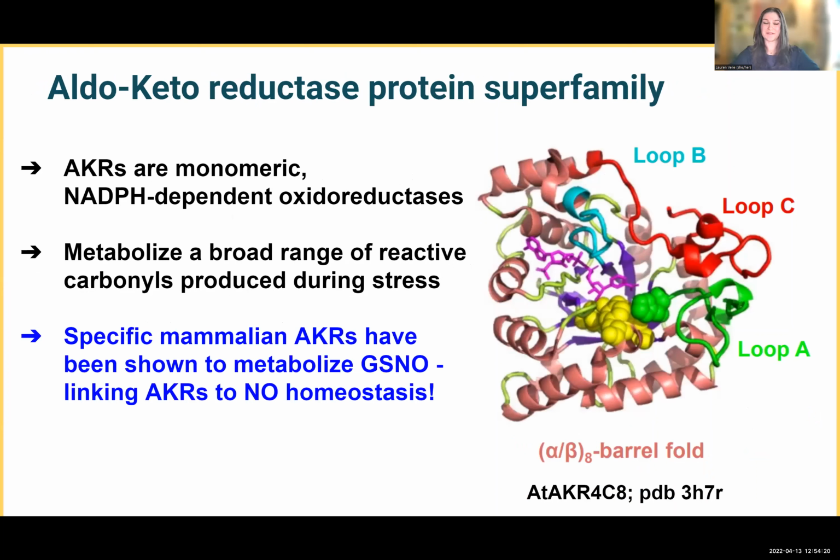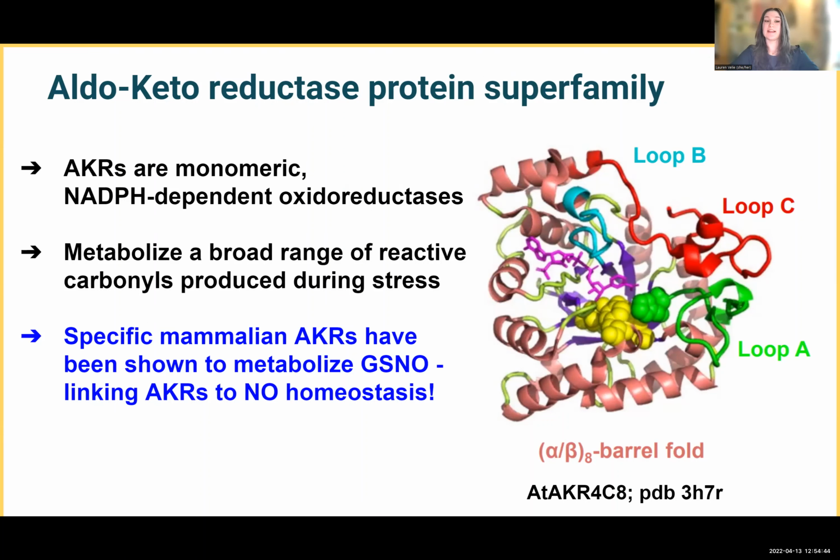So the second component of this project is examining aldo-keto reductases. The aldo-keto reductase protein superfamily is characterized, as we can see to the right of this slide where I have AKR4C8 pictured, by an alpha/beta 8 barrel fold, and substrate specificity is offered by loop A, loop B, and loop C, which are highly variable regions.